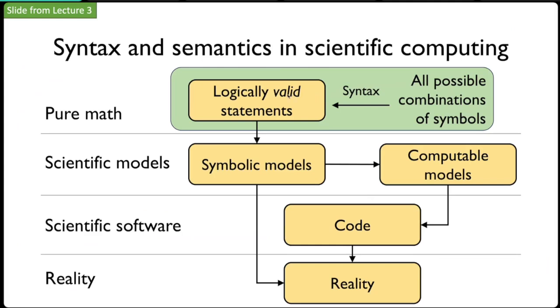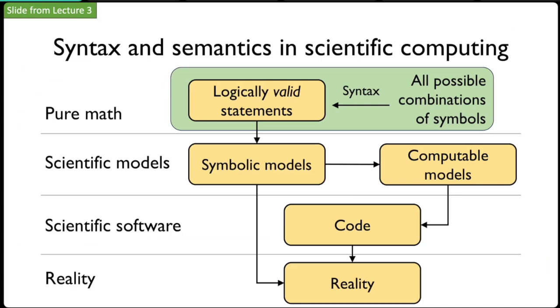But in the practice of scientific computing, we then have theories about science. This might be Newton's equation of motion, or any kind of theory in physics or chemistry that ultimately forms these symbolic models, which we form out of pure mathematics.